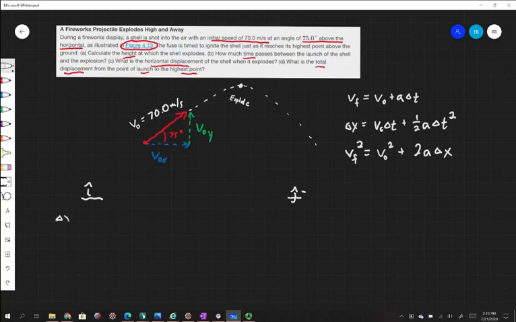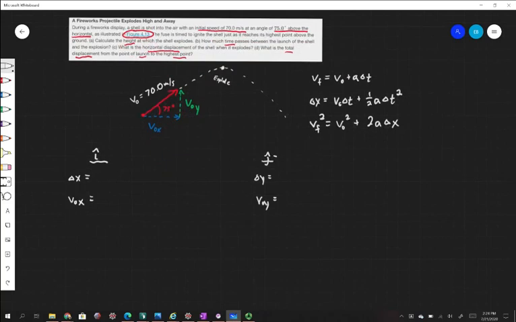We always kind of want to know what's the change in position in x, what's the change in position in y, what's the initial velocity in x, what's the initial velocity in y, what's the final velocity in x, what's the final velocity in y, what's the acceleration in x, what's the acceleration in y, and what are the change in times in each direction. So these are all the variables that are in these kinematic equations.